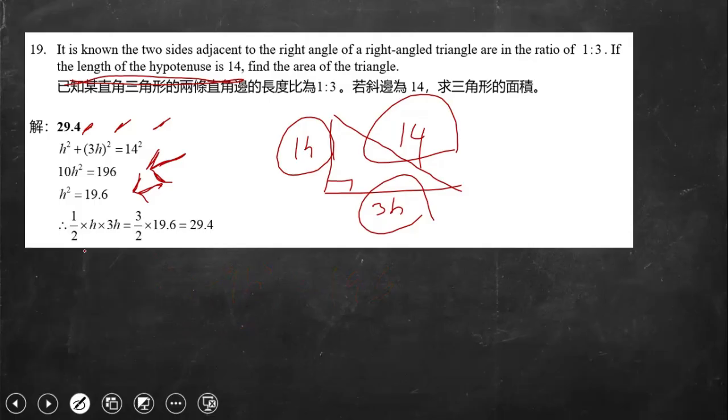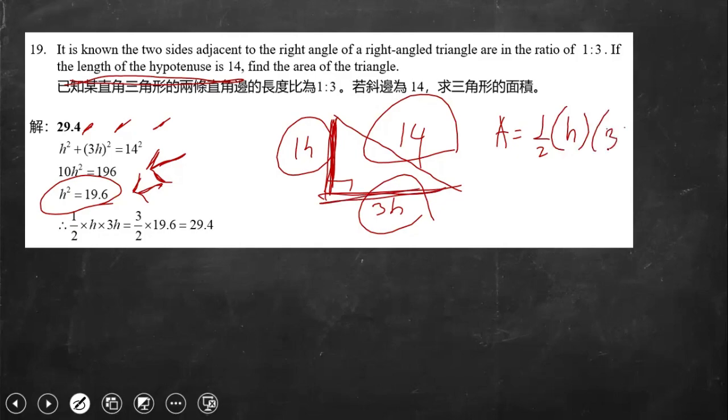Now we're stopping here at h squared, because the area of a right triangle is equal to 1/2 base times height, right? In this case, the height is 1h and the base is 3h. It's going to be 3h squared over 2.